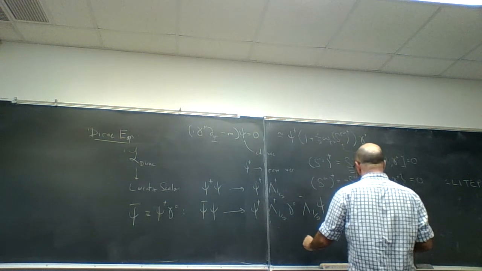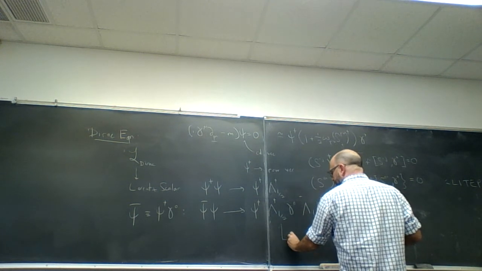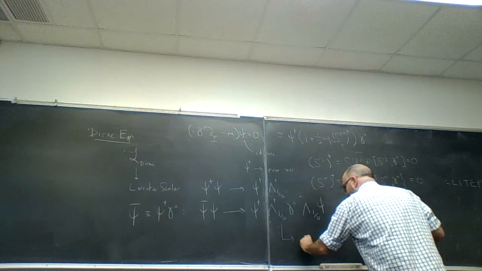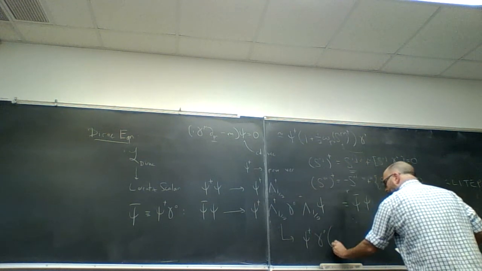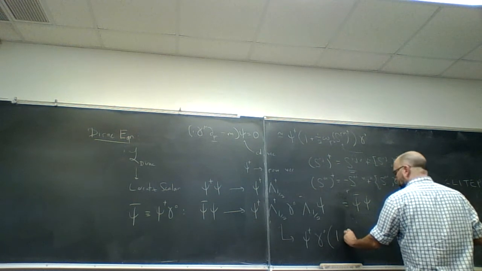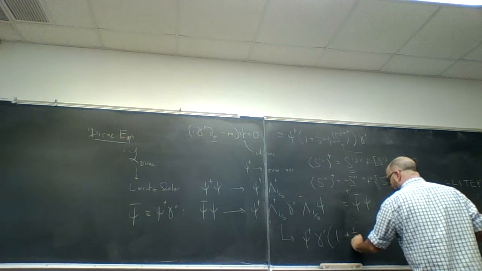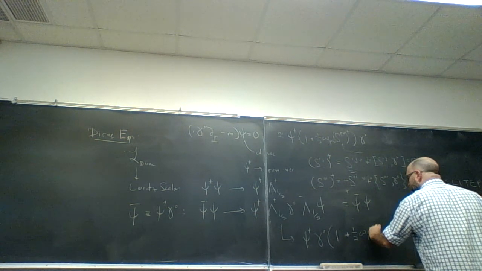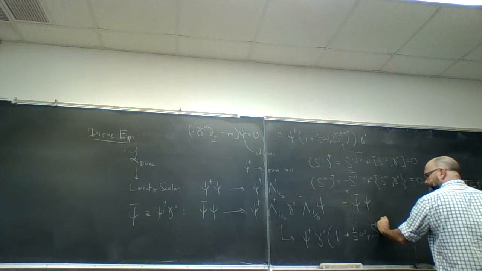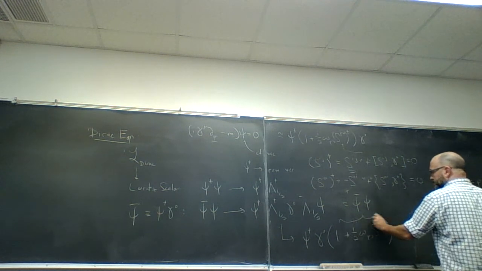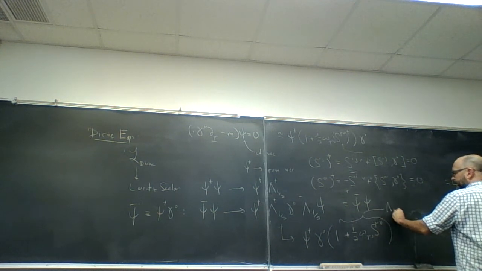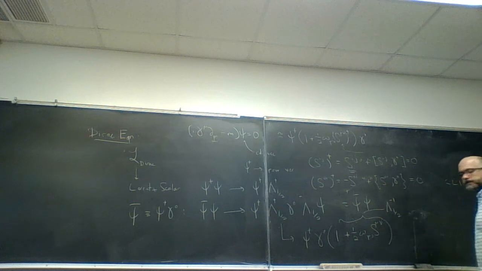Because if I pass gamma 0 through here, I have psi dagger, gamma 0, 1 plus i over 2 S. And this thing is lambda 1/2 to the minus 1. It's just the inverse.